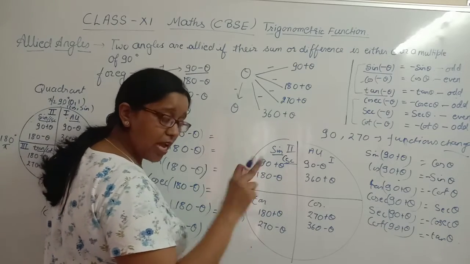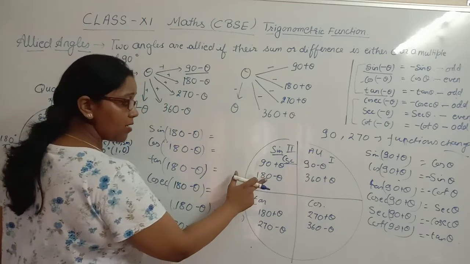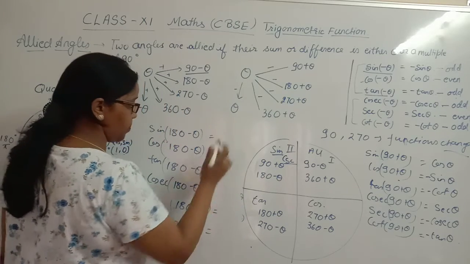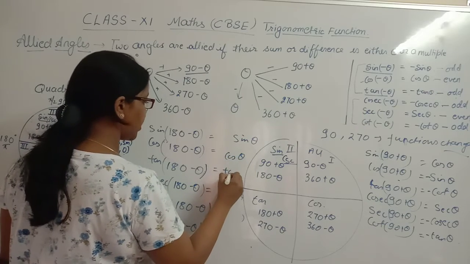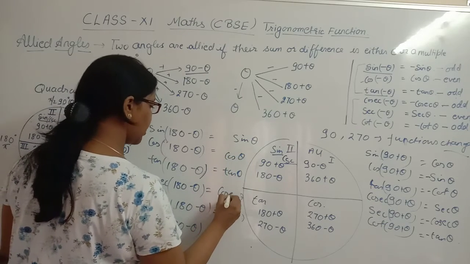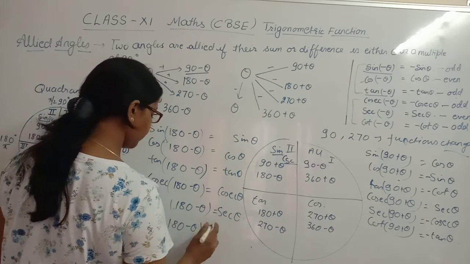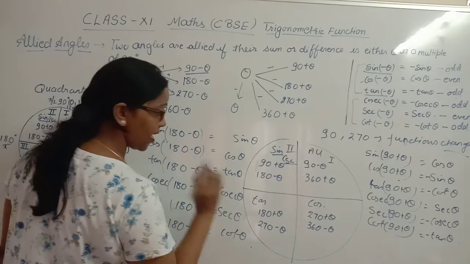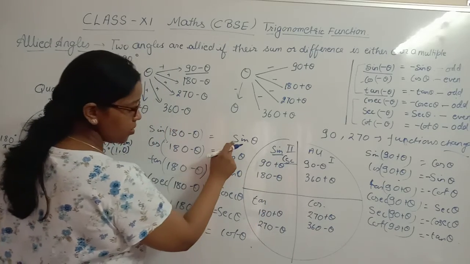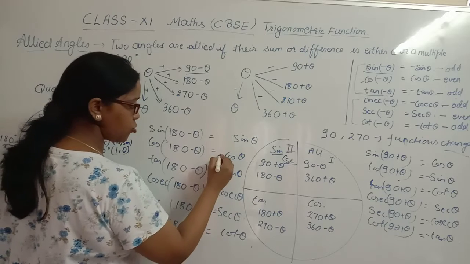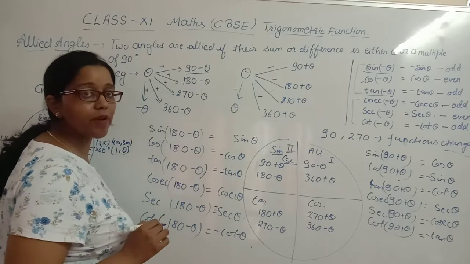That is the first thing. I am repeating it again so that you all will understand properly. The answer will be all the same: sin theta, cos theta, tan theta, cosec theta, sec theta and cot theta. But which two functions are positive over here? Sine and cosec. So these two functions will be positive, rest all will be negative.